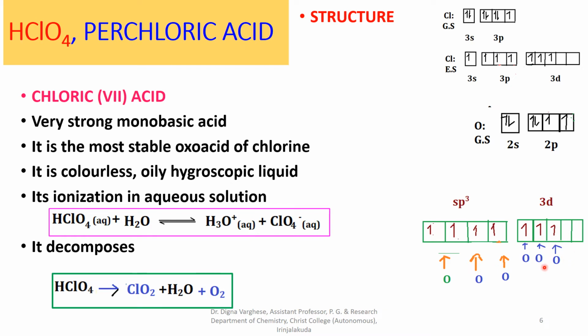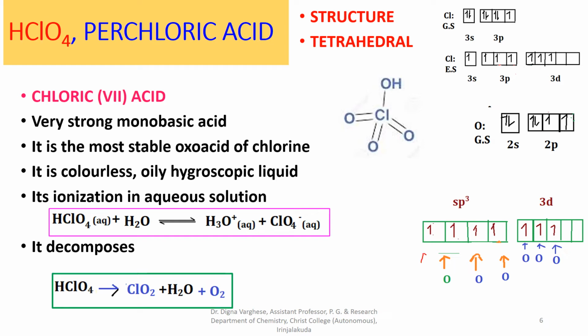through d pi p pi bonds, and the structure is tetrahedral. In this, chlorine is connected to 4 oxygen atoms.